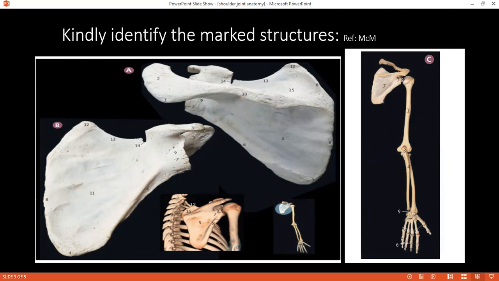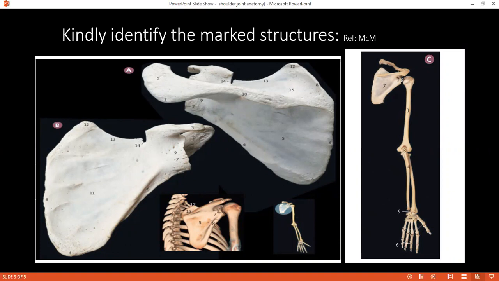Okay. Can you please tell me what movements are allowed by the shoulder joint? The movements in the shoulder joint are flexion, extension, adduction, abduction, internal rotation, external rotation.